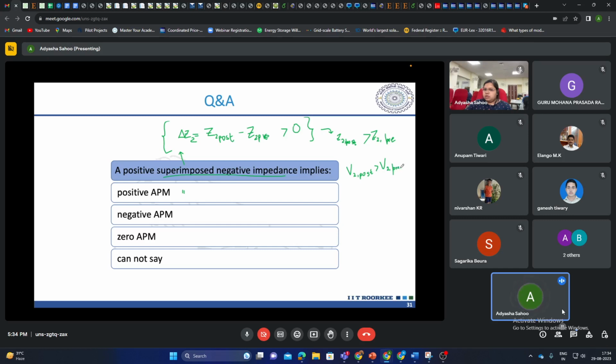So let's say your V2 pre was 1 per unit and you got V2 post as 1.1, so what will it imply? An increase in voltage will imply over demand or over generation.